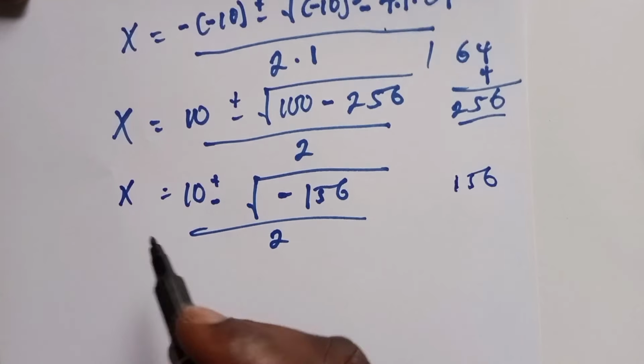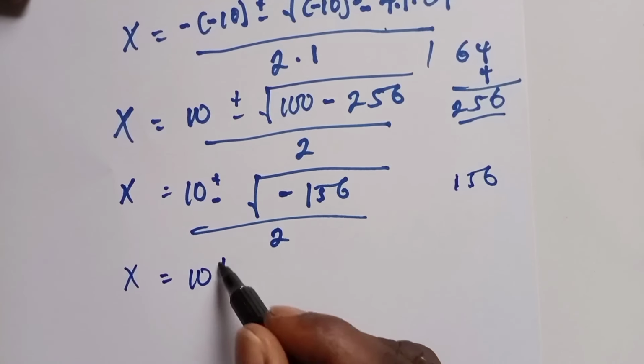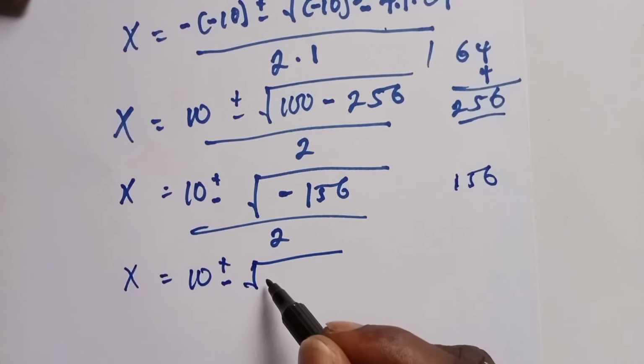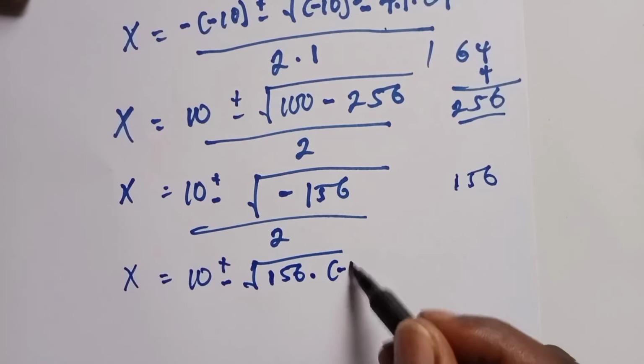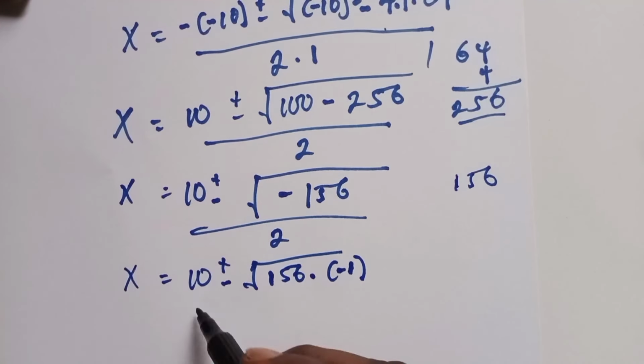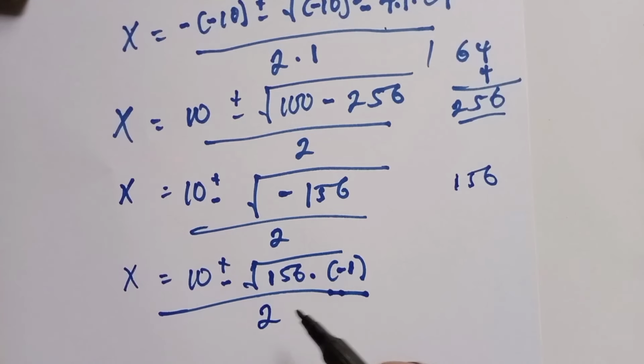We can also write this as x is equal to 10 plus or minus root 156 times minus 1, so we have the negative sign separate, divided by 2.